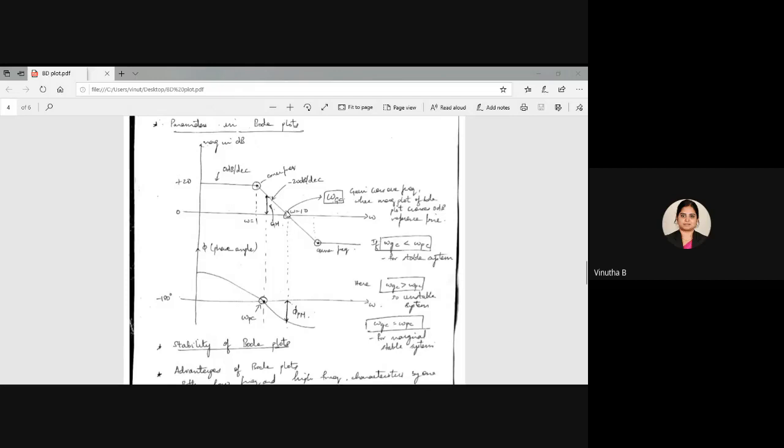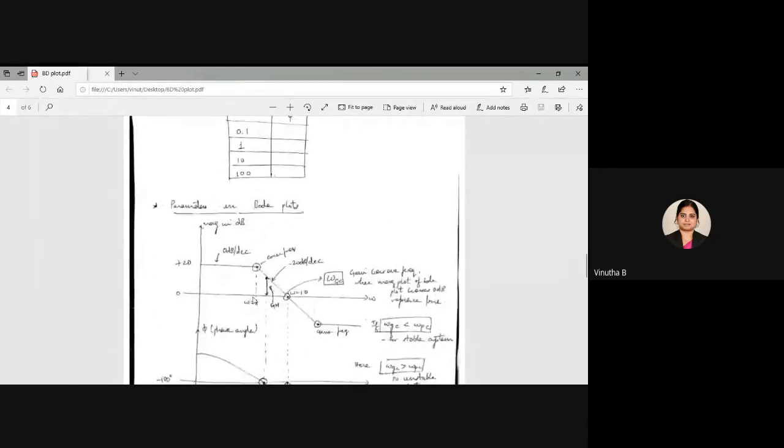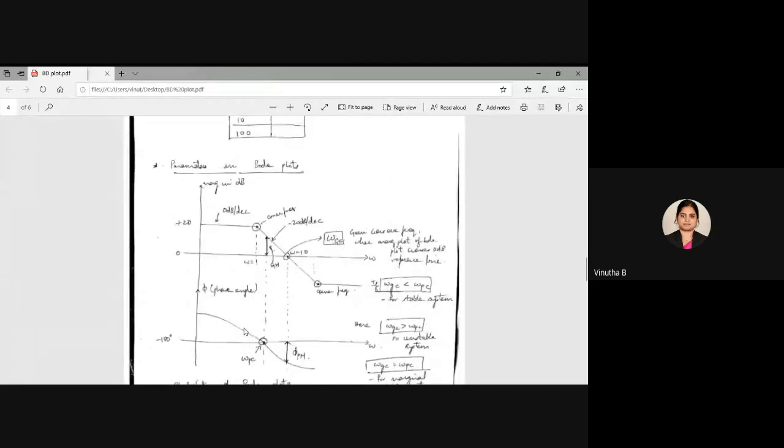Then, once you find the gain crossover frequency, from there you drop a dotted line and see where it cuts the minus 180 degrees reference line. From that line to this curve is the graph for the phase. How do you get this graph? You have already plotted this: the phase angles at 0.1 you have one angle, at omega equal to 1 you have one more point of phase.